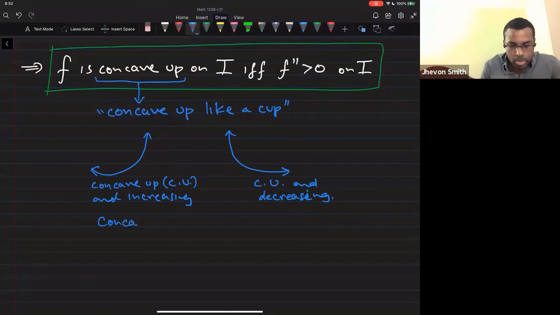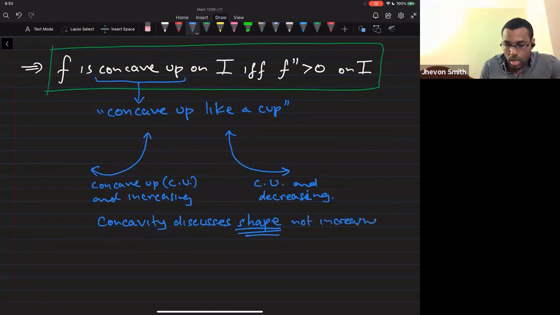Concavity talks about shape, not increasing or decreasing. You can be doing either one and be concave up.